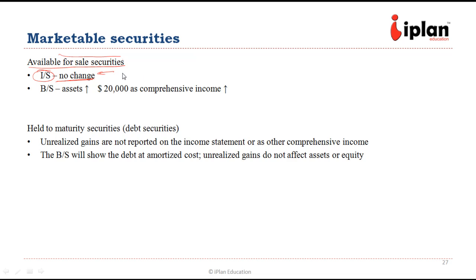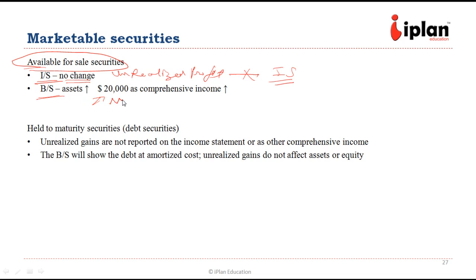For available for sale securities, we know that the unrealized profit will not be part of the income statement, but the balance sheet should use market value, not the historical cost, but the market value, which was $50 per share.